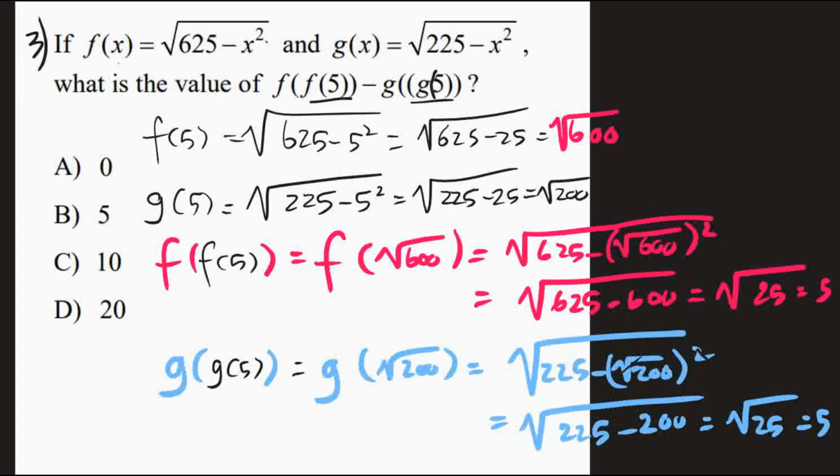Now we will subtract this and that, so this will be 5 and this will be 5.